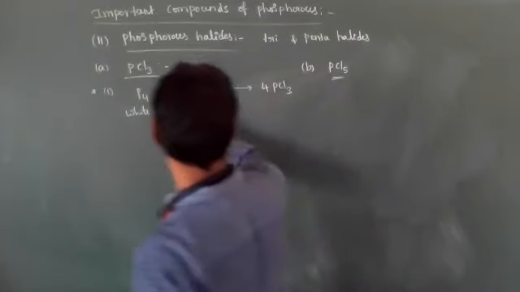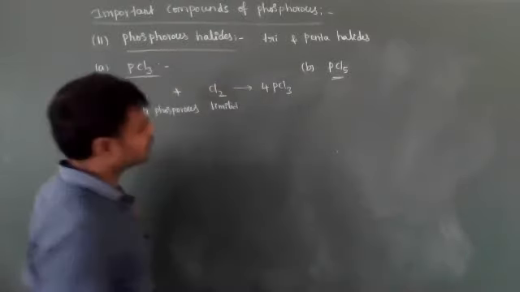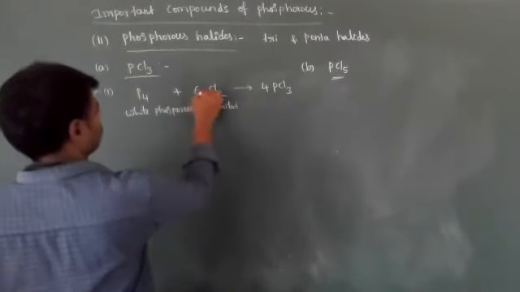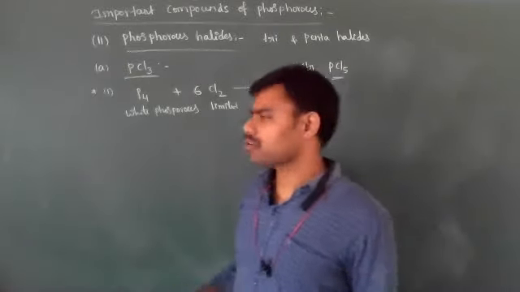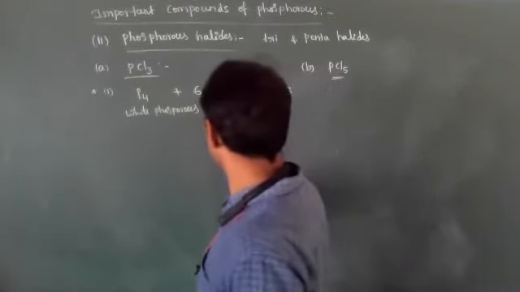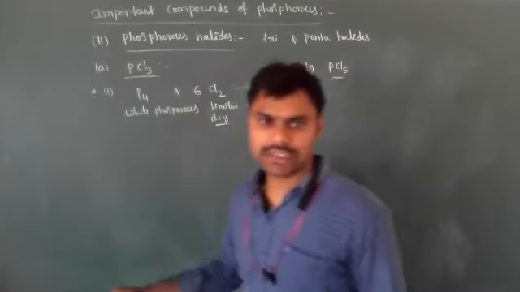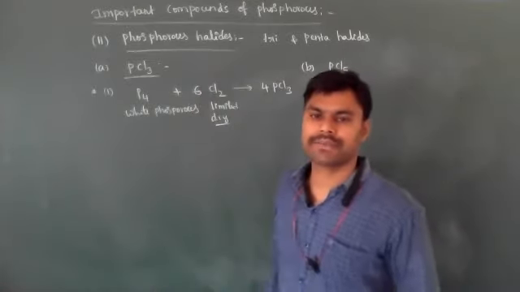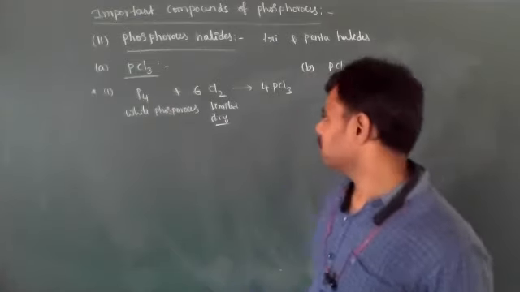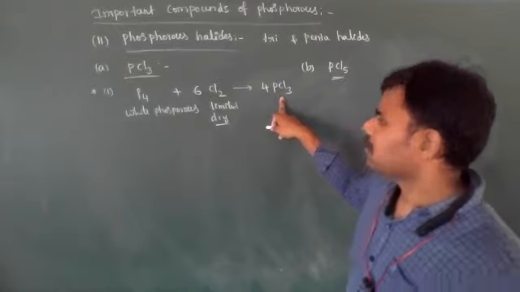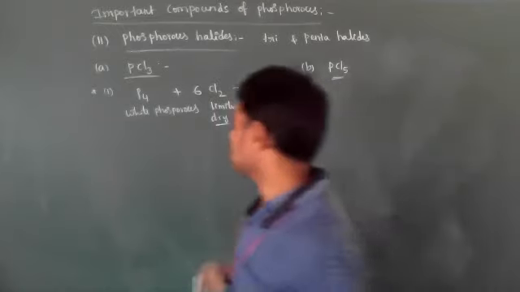P4 plus 12, meaning here how many moles are required? 6 moles of Cl2 are required. So limited amount of dry chlorine, if you use it. If moist, what happens? Again that white phosphorus forms phosphine gas. Okay, so it is converted into PCl3, phosphorus trichloride.